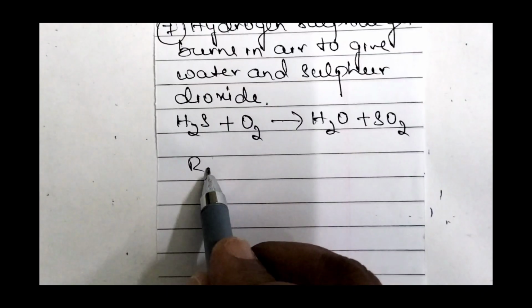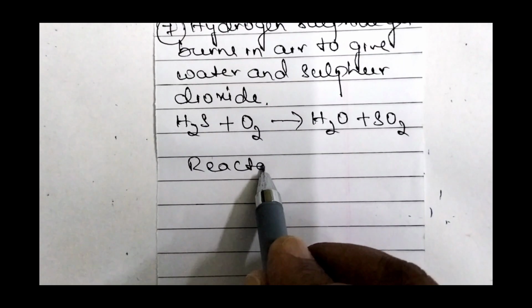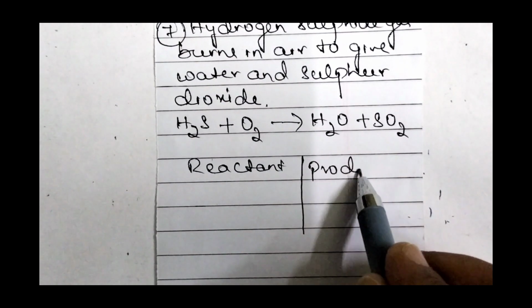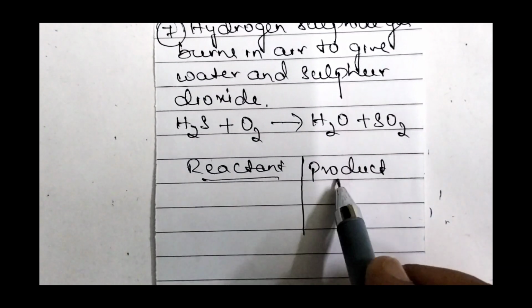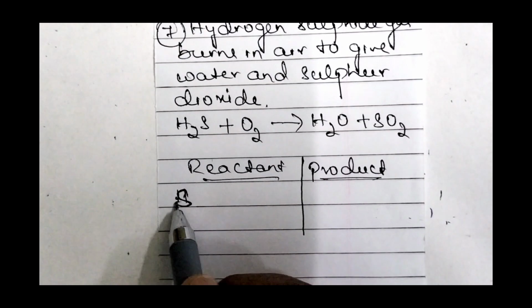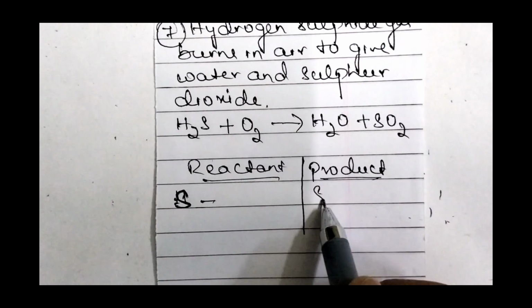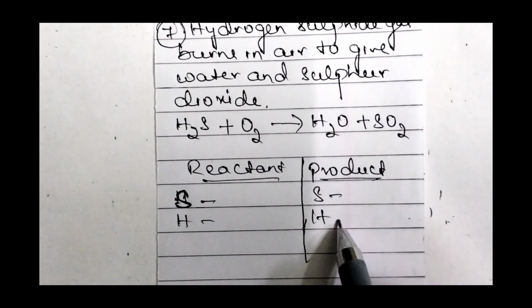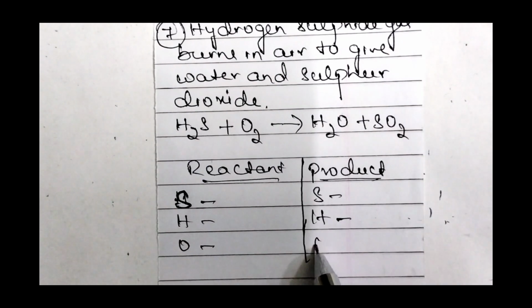So reactant, product. So reactant side, first you have to write sulfur, then hydrogen, then oxygen.